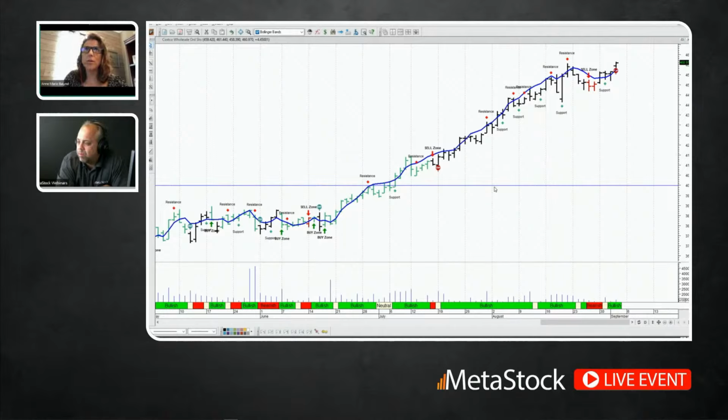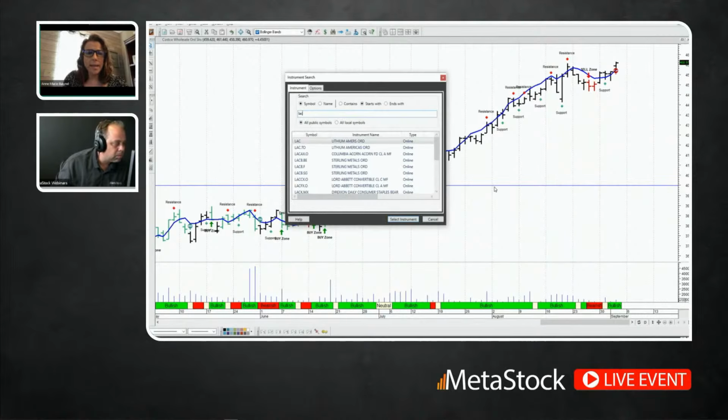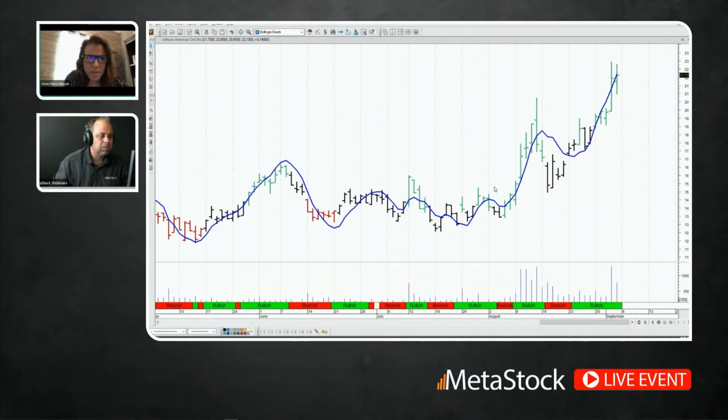So there's Lithium Americas, that's LAC. There's LIT, so we can look at LAC, which looks really pretty, right? And it's breaking out. Notice how it was sideways, the middle of the chart, sideways, sideways, sideways.